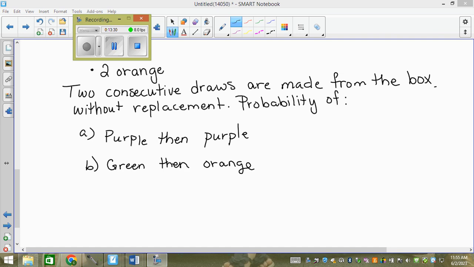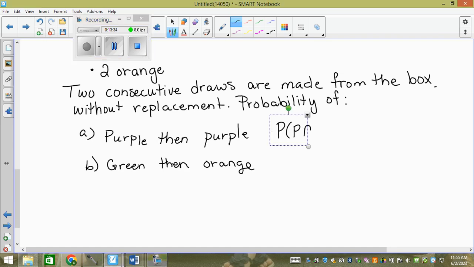We have probability of purple then purple, so we want to write it out properly. So we have probability of purple and purple. How do we write this out when it's dependent? We go probability of purple and probability of purple, given that the first one is what? Purple. So it's actually writing the format out, right?